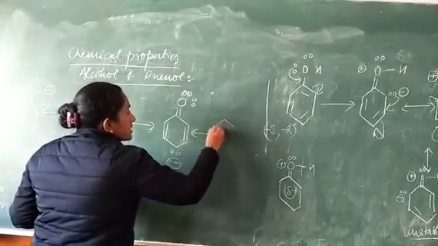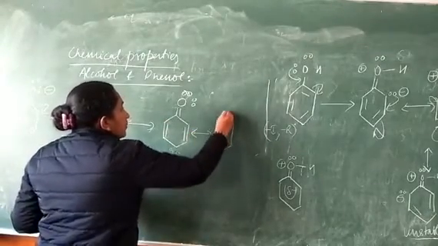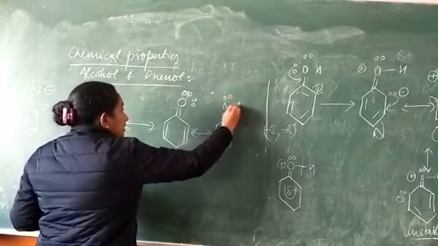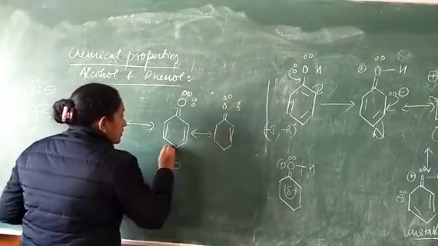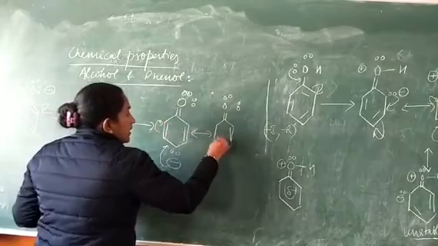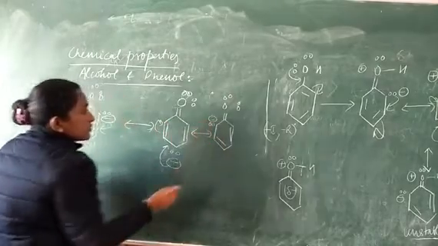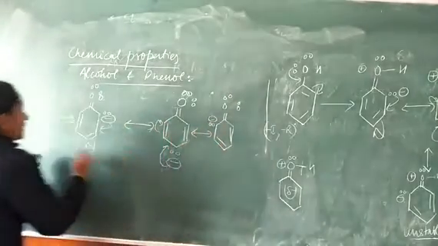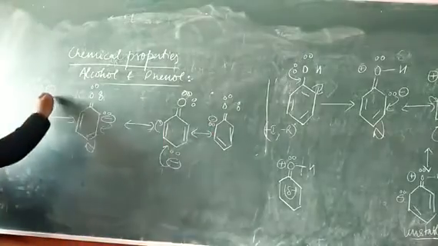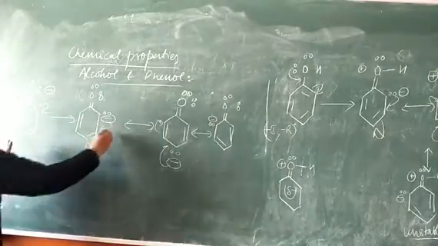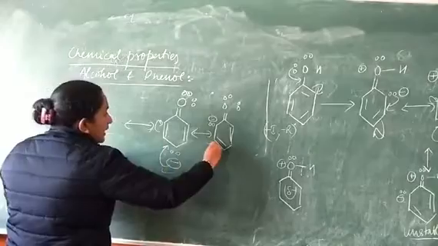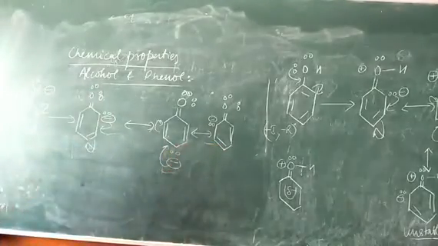So both the structures are there on the board, so it will help you to understand what I mean to say here. Here you can see that in this phenoxide ion, only the negative ion is there, right? In these structures we have only negative ion.